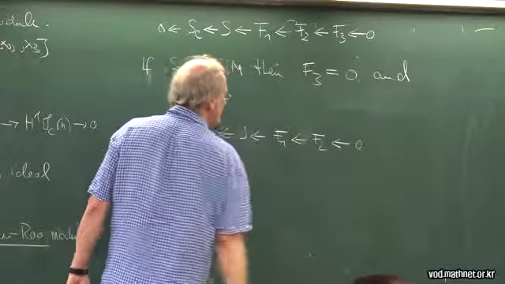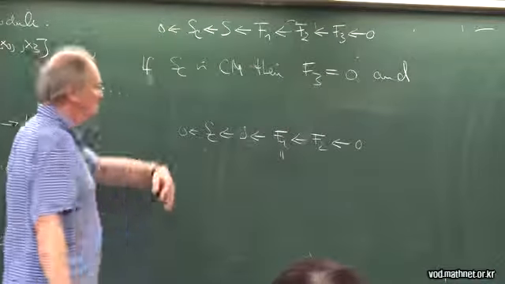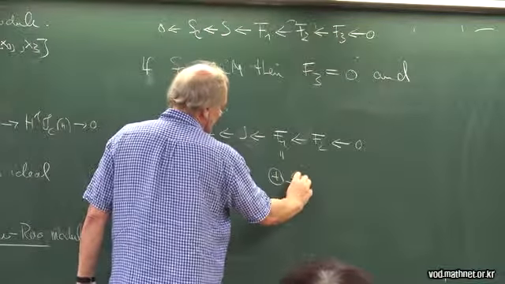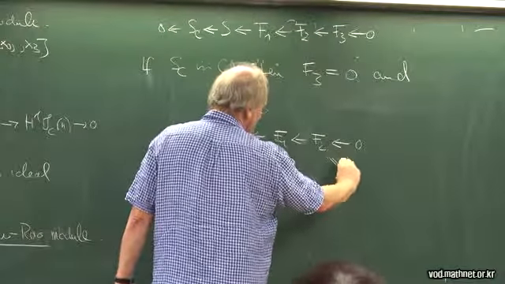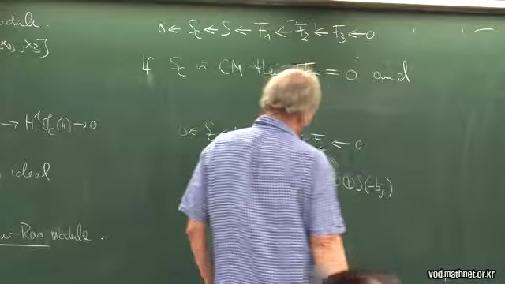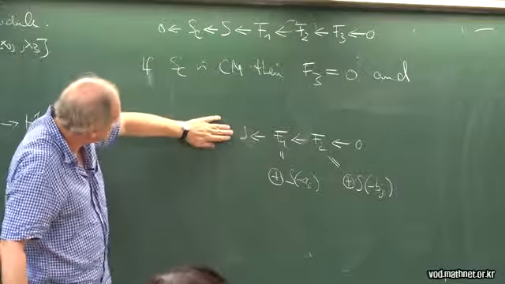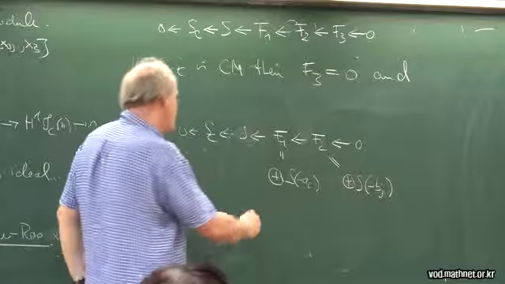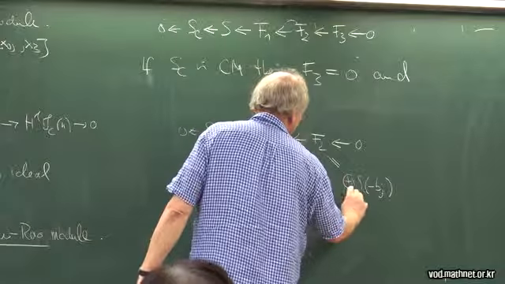We have that this is a graded free module, so it's a direct sum of S minus a_i, and this is correspondingly a direct sum of S minus b_j, and the alternating sum of the ranks should add up to 0. So I run here from i equal to 0 to r, and here from j equal to 1 to r.